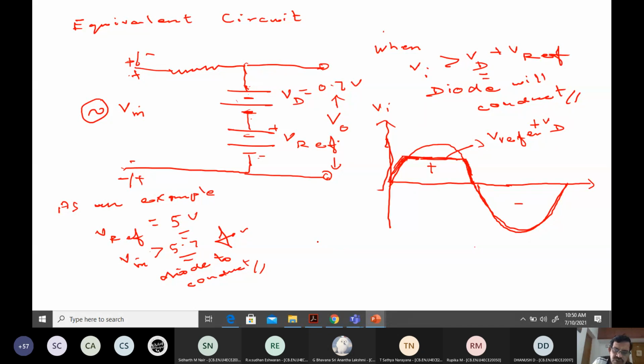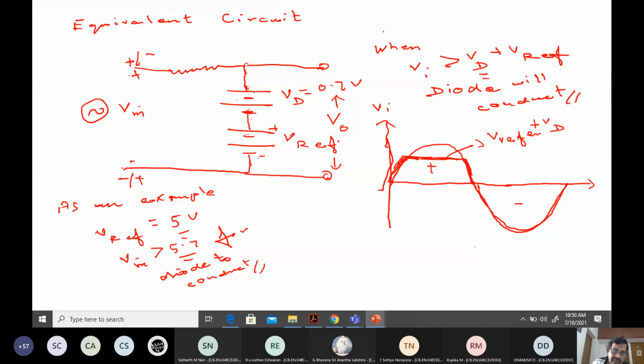I want you to think through that, why my waveform is like this. I can explain to you, but I will ask you to take a pause and think why my output follows the input in the negative half. Take examples of the voltages, that will give the clarity. So let us talk about that negative.